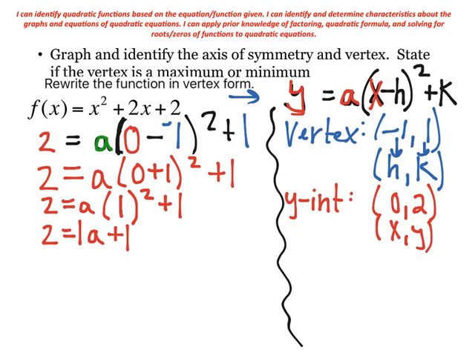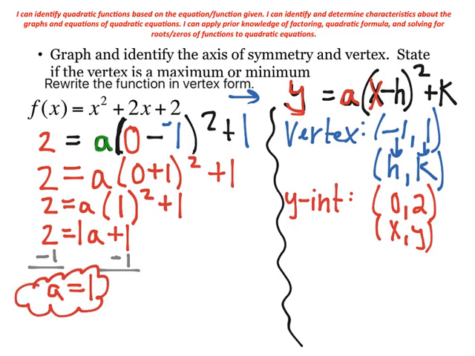And now you're looking at a simple linear equation. How do I solve 1a plus 1 equals 2? Subtract 1 on both sides. And so 1a equals 1. Why does that matter?